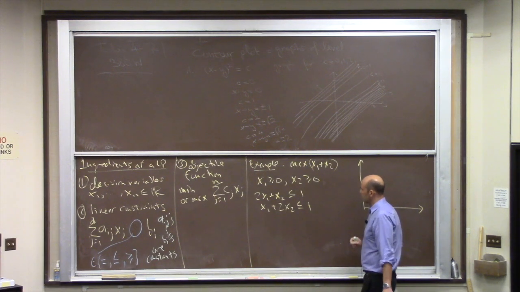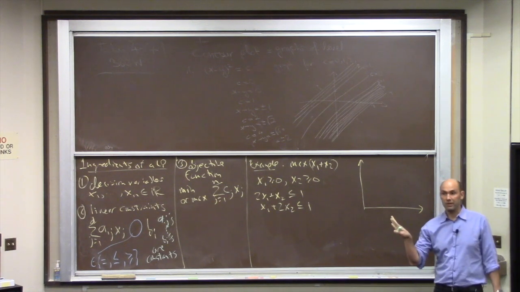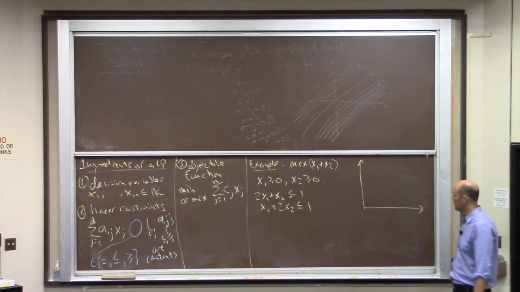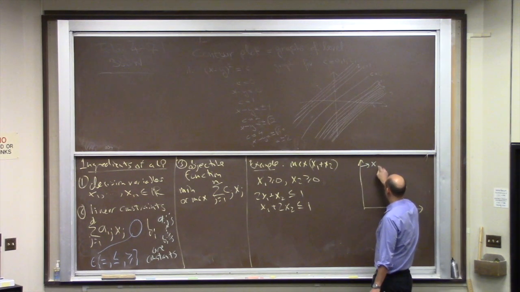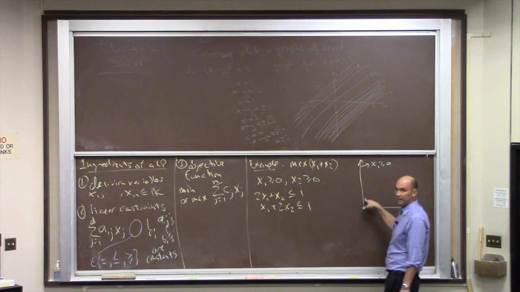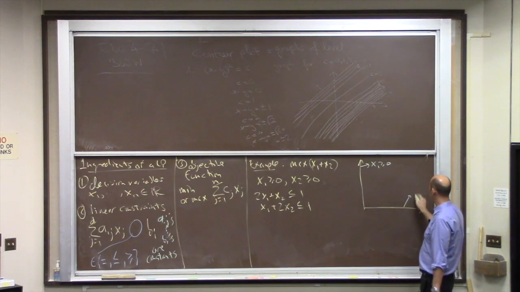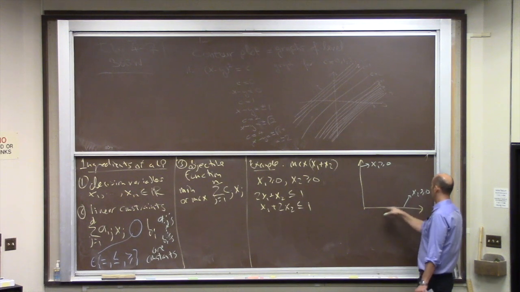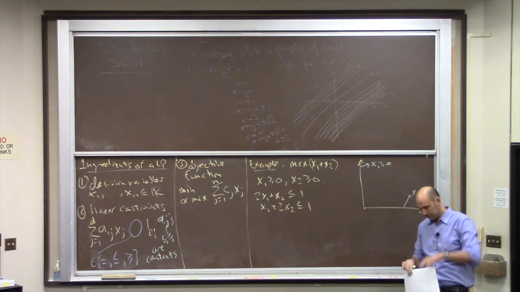The first 2 inequalities say we are only looking in the non-negative quadrant, the northeastern quadrant. Wanting x1 to be at least 0 says we should be on the right-hand side of the y-axis. And saying that x2 should be non-negative says we should be north of the equator, so above the x-axis.